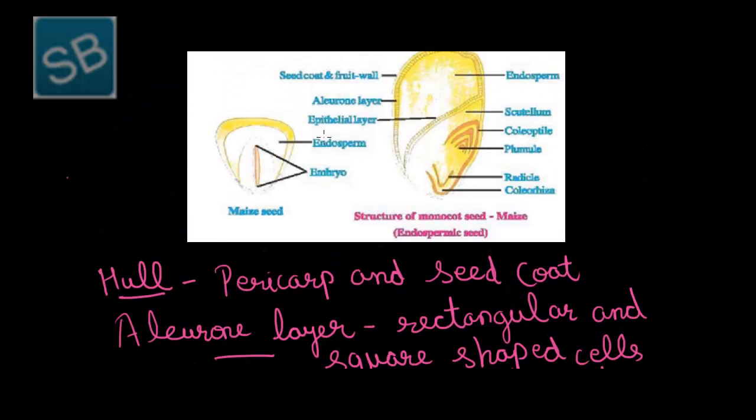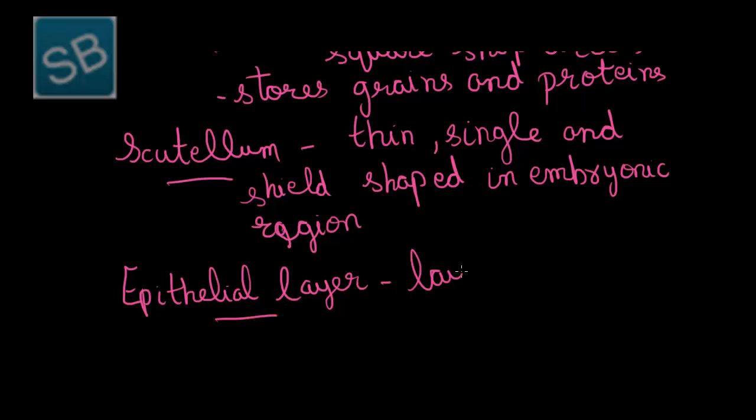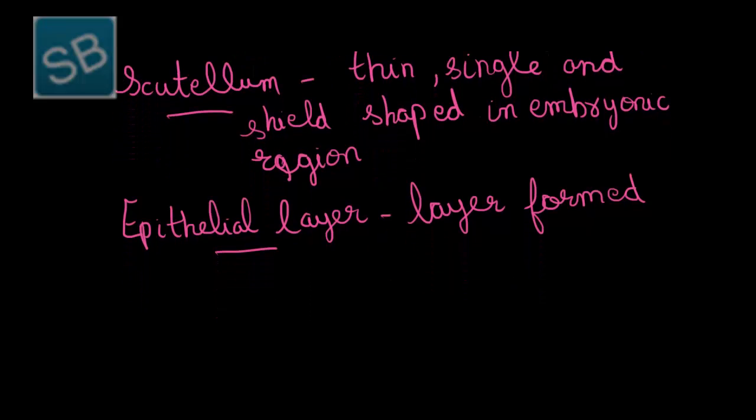Then another layer known as the epithelial layer comes above the scutellum. It is responsible for food storing. Thus, the epithelial layer is the layer formed above the scutellum and beneath the endosperm.